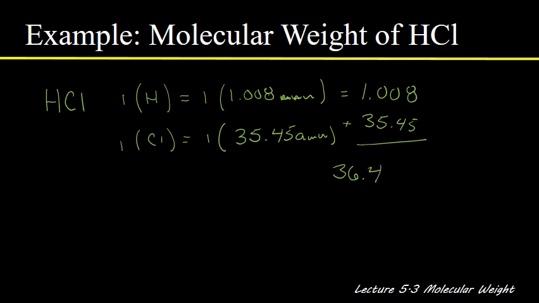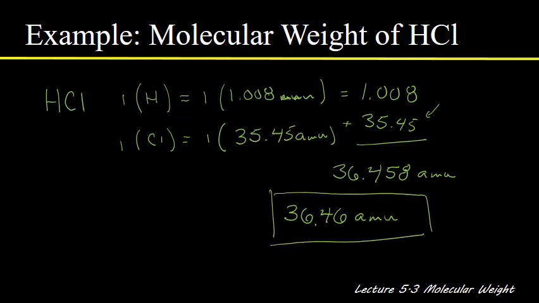All right, so we get 36.458 AMUs. And again, since this only goes out to the 100th place, we'd round this to 36.46 AMU. So this is our molecular weight for hydrogen chloride.